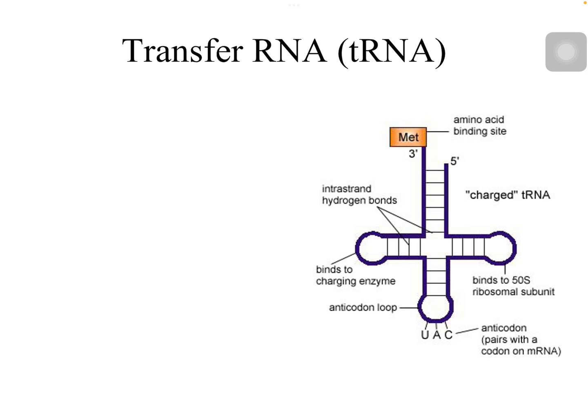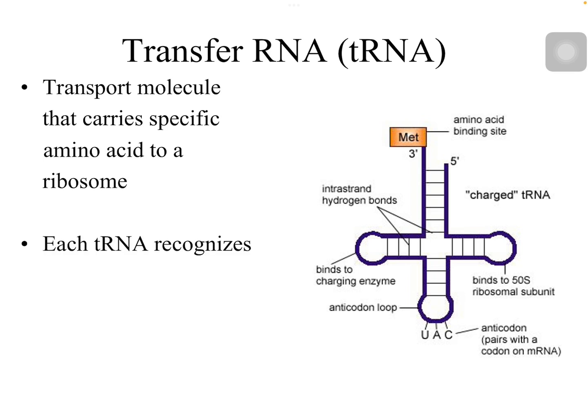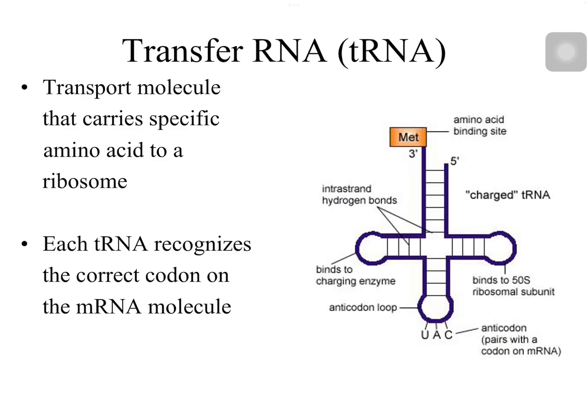So, we got what we call the transfer RNA. Si transfer RNA class actually is a transport molecule which holds specific amino acids. So, we got 20 amino acids class, okay? I will show you this one for a while. Ayan.